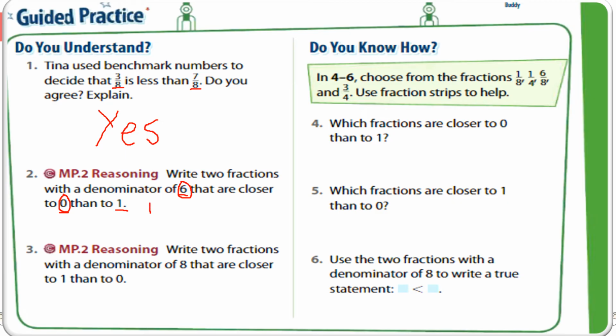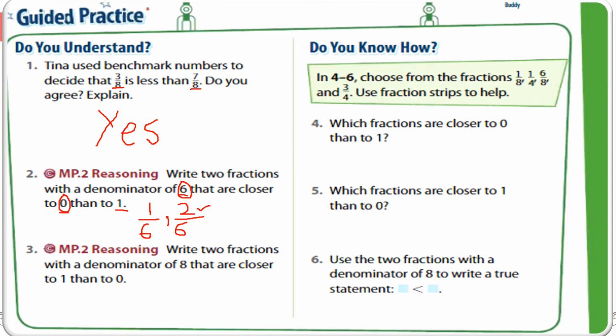So 1/6 will be closer to 0 because it is related to the first part, and I can also write 2/6. These are closer to 0, but as the numerator keeps getting bigger, it will be closer to 1.